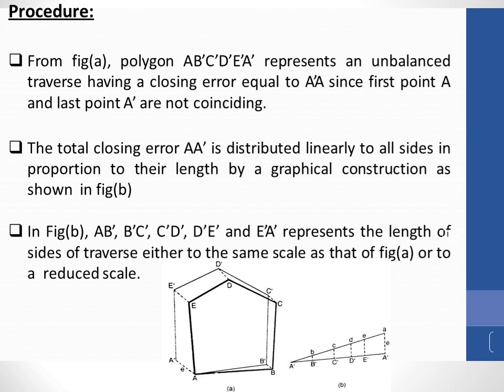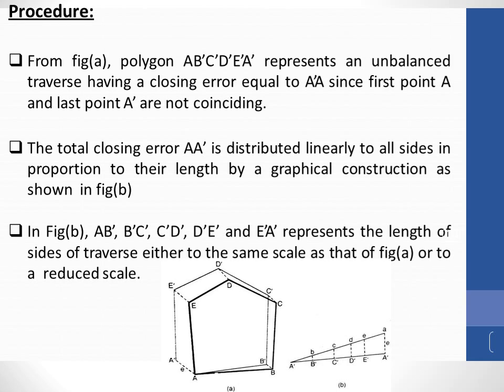From the right end you have drawn, for example, 1.25 meter upwards and you got the point small a. Now small a and capital A are joined to form a triangle, that is A A dash small a.